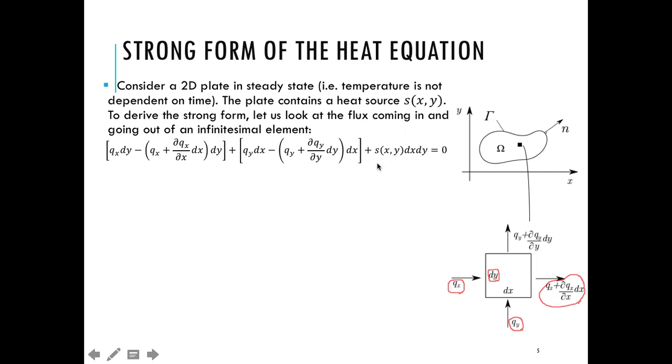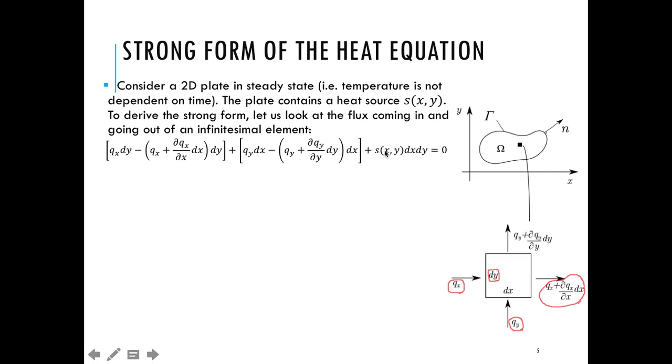So this can be written in this way, where these are the individual terms: the heat flowing in because of qx, heat flowing out because of qx plus del qx, heat flowing in because of qy, heat flowing out because of qy plus del qy, and finally plus the heat being produced because of the source.